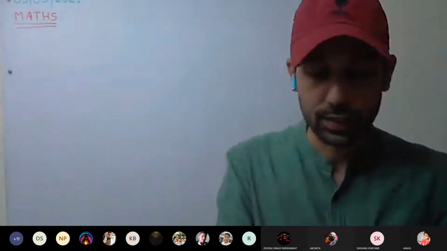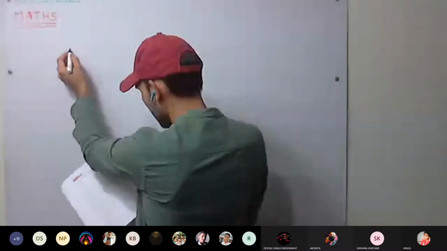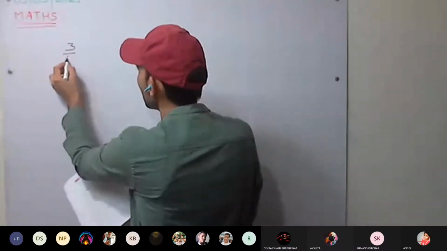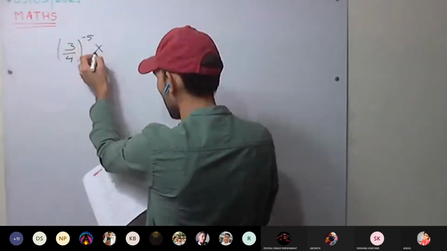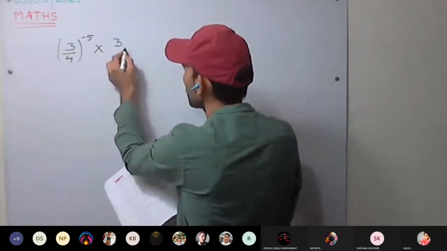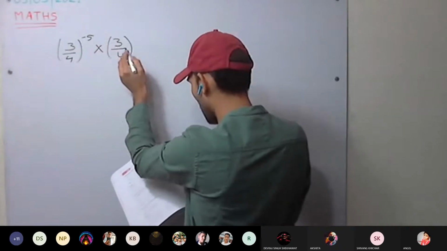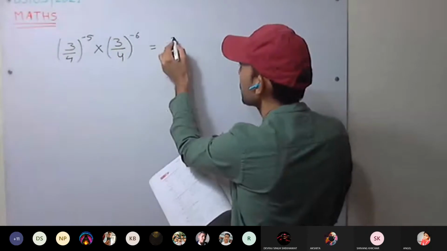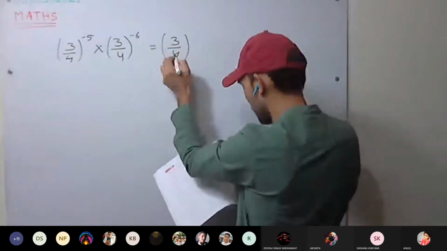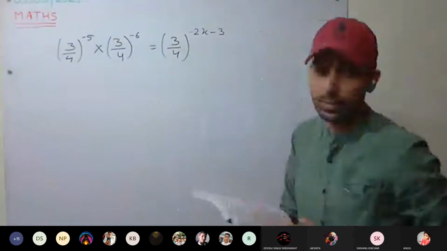So we are doing 9th third one. See, your base is same. This is very easy, third one. 3 raised to power 4 into 3 raised to power -6 equal to 3 by 4 raised to power -2x minus 3.